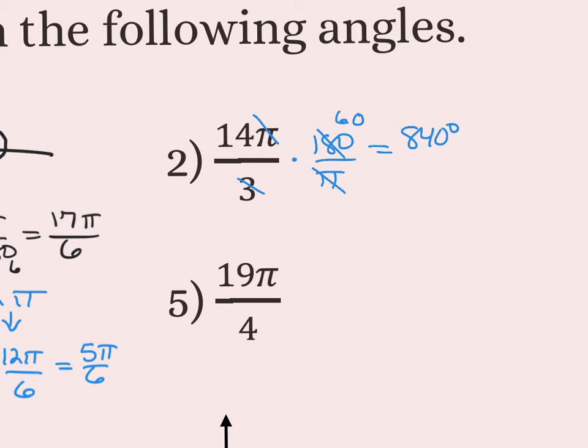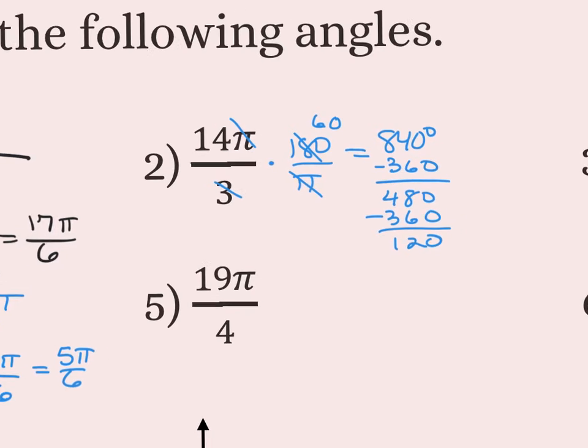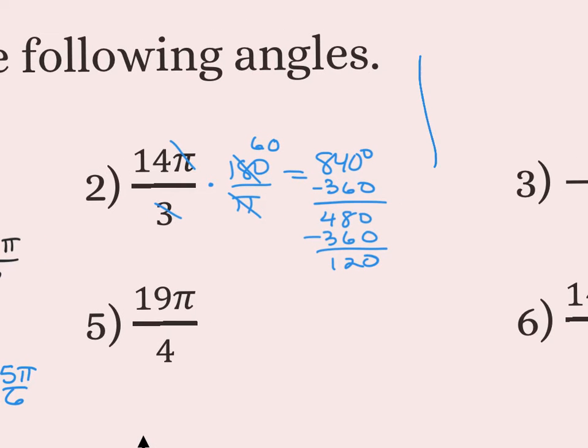So in order to graph this, I'm going to be subtracting 360. I get 480, subtract it again, and I get 120. So I'm going to go around the circle 2 times. Once, 360, 720, and then I need to go another 120 degrees to get to the 840.